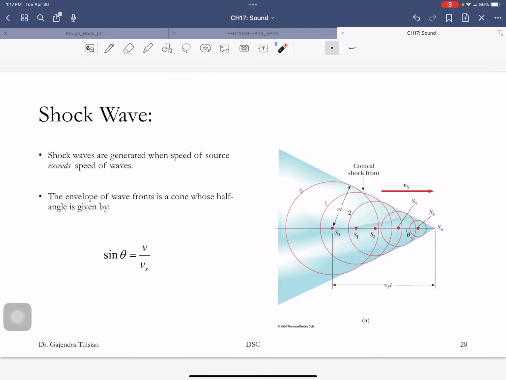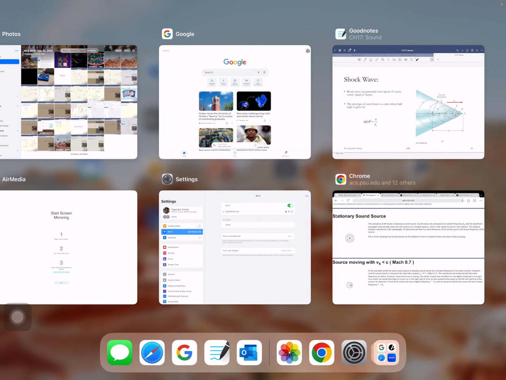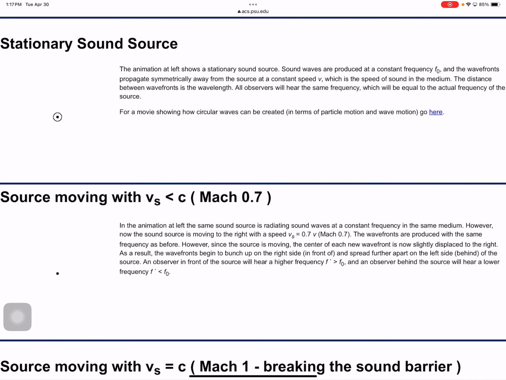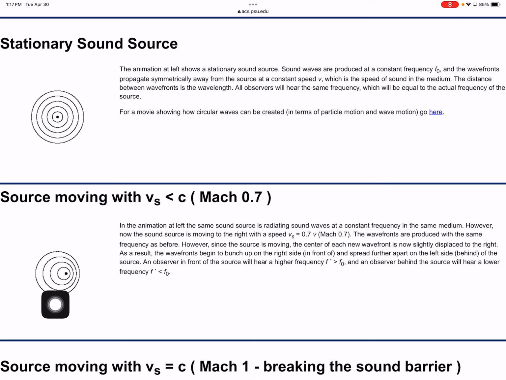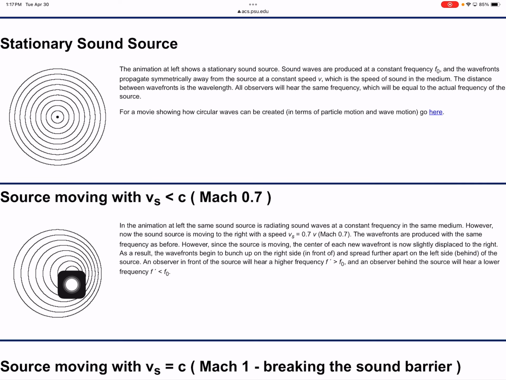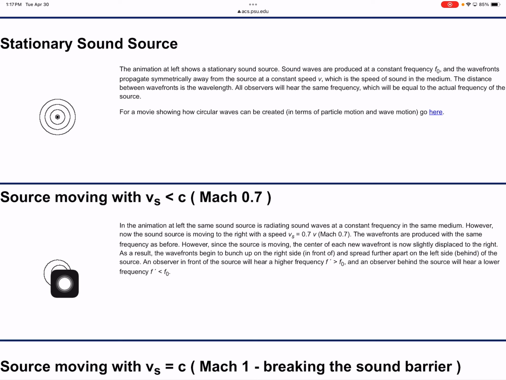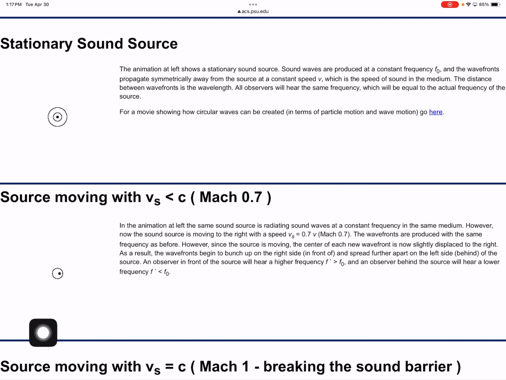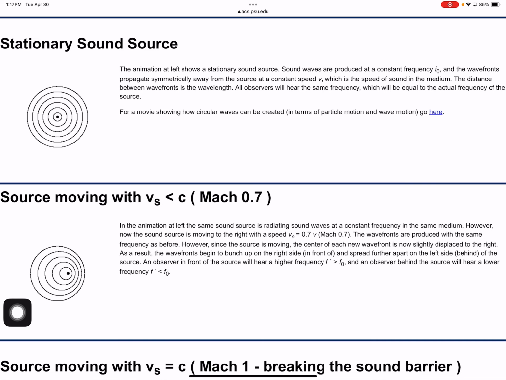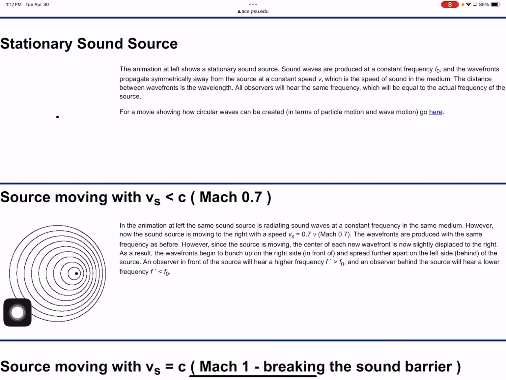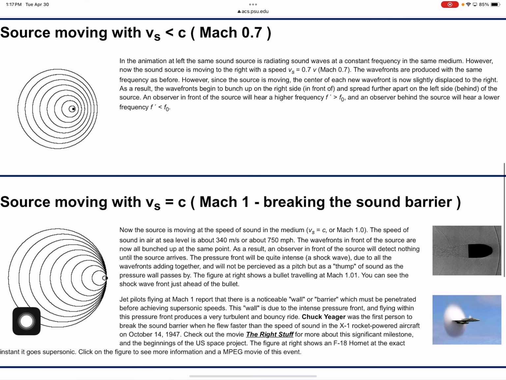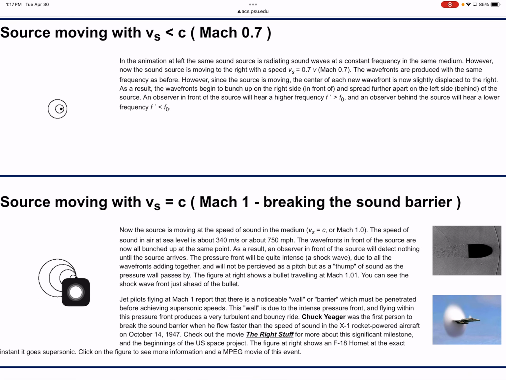All right, let's go back to our Doppler effect. Okay, so what is happening here? See, the source is moving there, and as it's moving there, all the crests are sort of jamming up. Let's make the source move faster. Okay, what's happening here? Now the source is moving at the same speed as the wave.